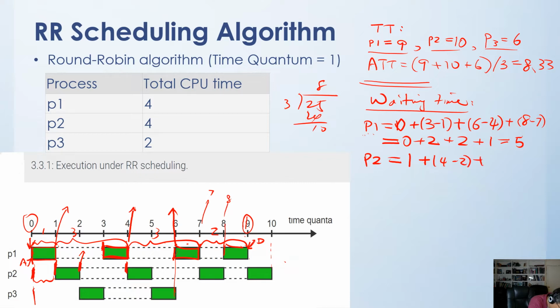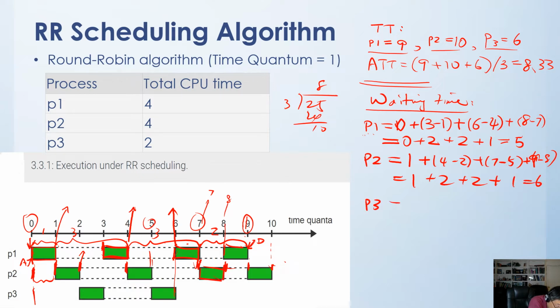And for this piece, it's 7 minus 5, right? And for the last piece, it's 10 minus 8. Oh no, I'm sorry, it's 9 minus 8. So that's 1 plus 2 plus 2 plus 1, so that's 6.